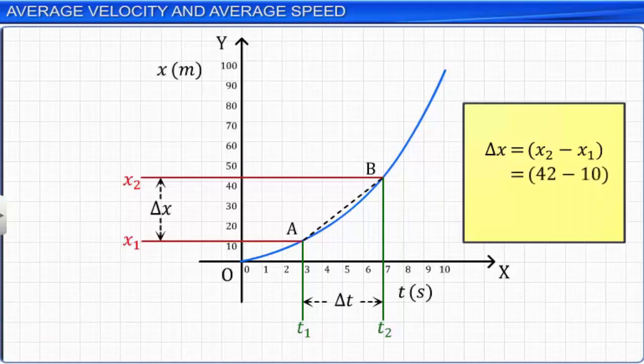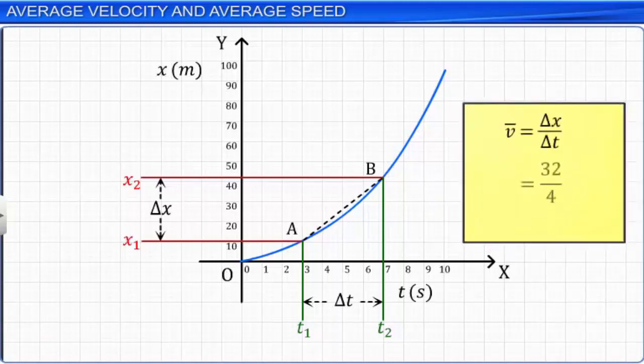Delta t is equal to t2 minus t1, which is equal to 7 minus 3, which is equal to 4 seconds. V bar is equal to 32 by 4, which is equal to 8 meters per second.